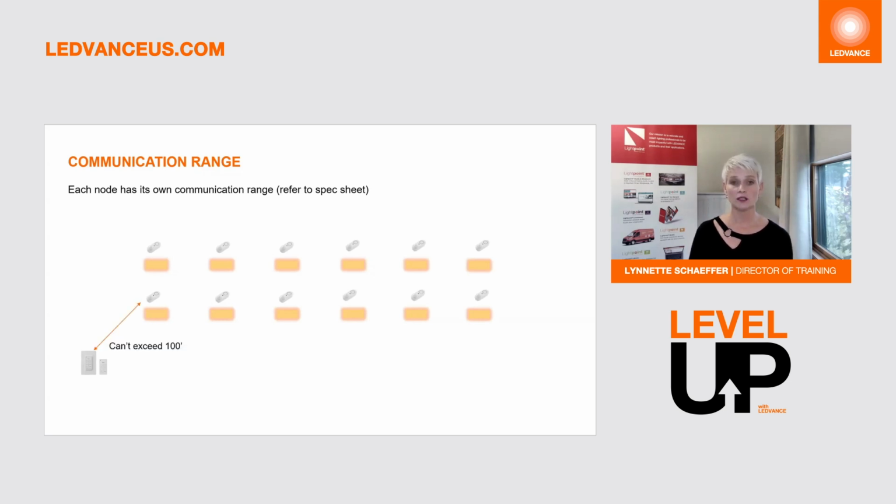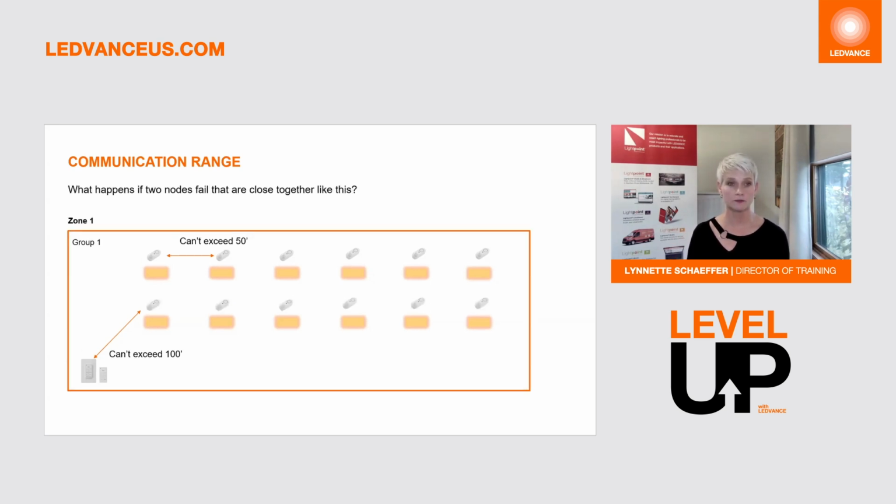As a matter of fact, the wireless controller can't exceed 100 feet, and the little sensor here can't exceed 50 feet from another node. If I was using the fixture controller with sensor, the other one that you see here, you can't exceed 100 feet. Pay attention to the spec sheet. This is really critical when you're designing the system because you don't want these things too far apart where they're not going to communicate and you're not going to have a good solid system.